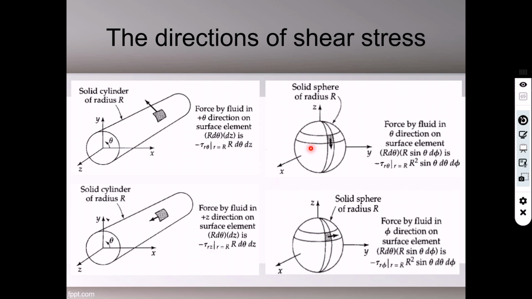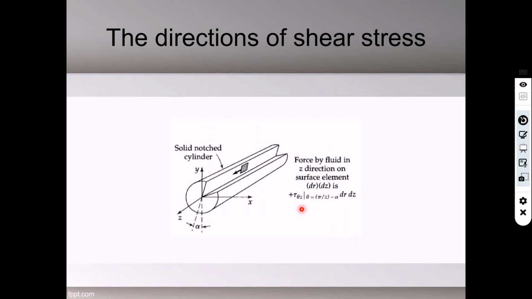And let's take a look at the sphere. The first index should be R, and second index is theta, and this second index is phi. No problem at all, right? Theta is going this way, phi is going this way. And for this one, the first index is kind of tricky, but it should be perpendicular to theta, right? Because theta is going this way, so it's perpendicular to theta.